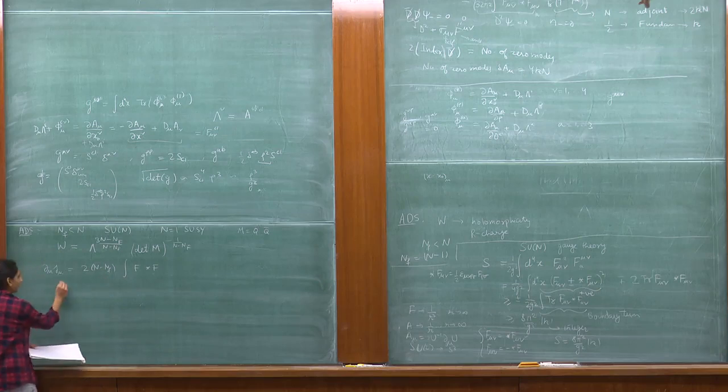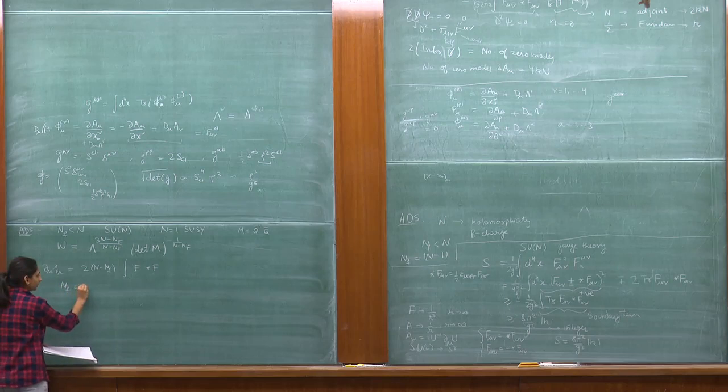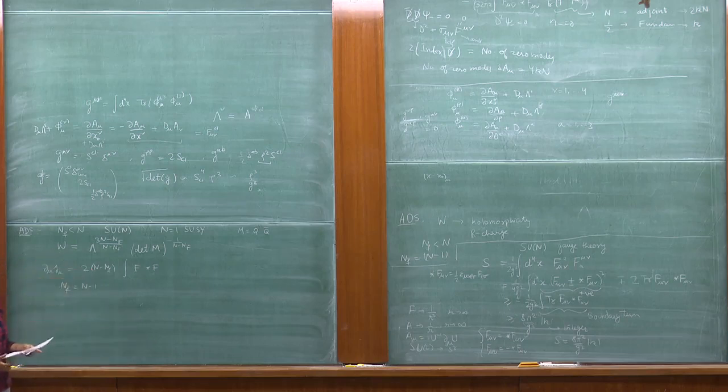So when N_F is N minus 1, the charge from instantons matches the charge for W. So it's conceivable that instantons will contribute to the superpotential. Only for N_F equal to N minus 1, not for other N_F, because this becomes 2, the same as the charge we want the superpotential to have. So instanton generated terms will have this charge.